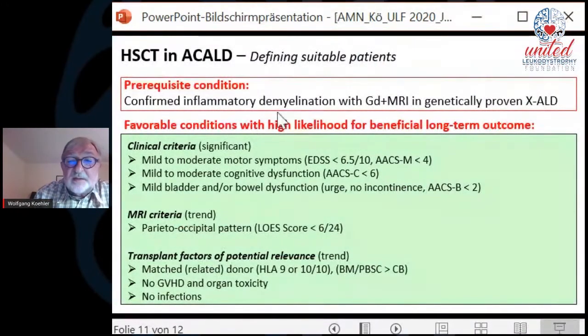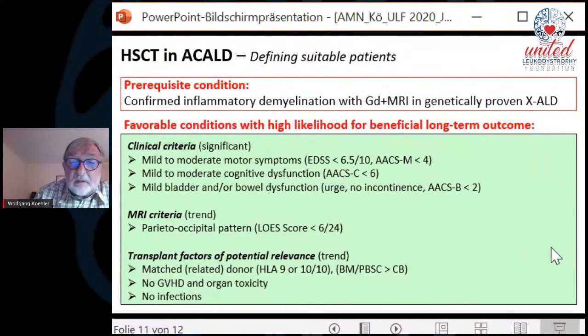So to summarize this, I think it's important to say that for this treatment you have to have a confirmed inflammatory demyelination, and we usually use the gadolinium enhancement in the MRI to prove that this is a cerebral inflammation disease.